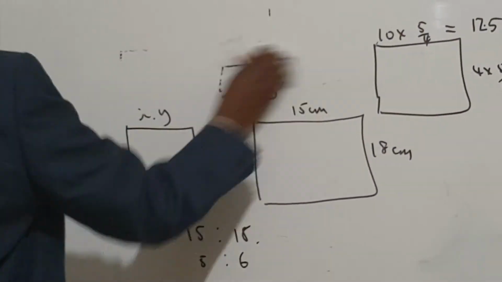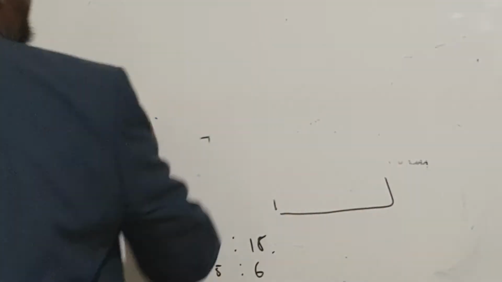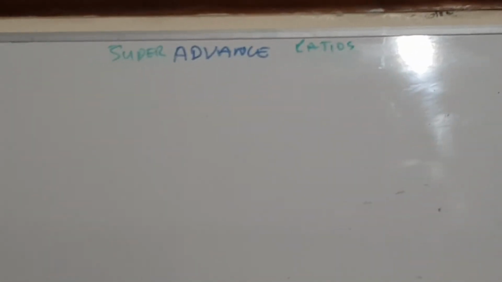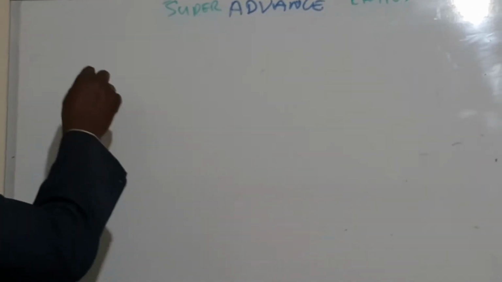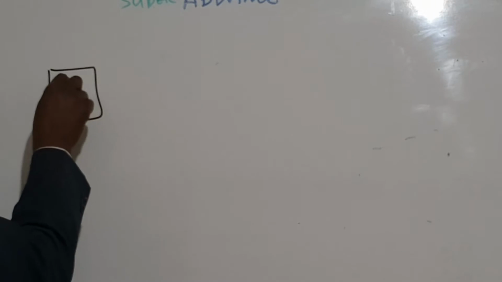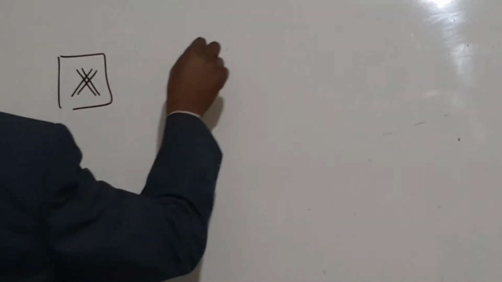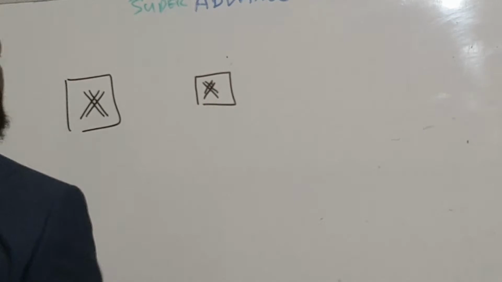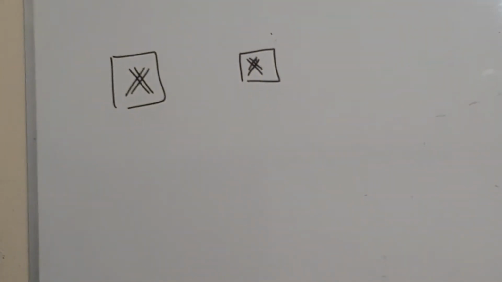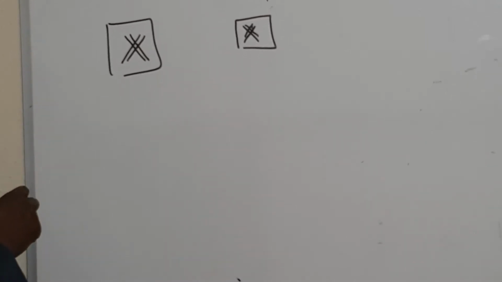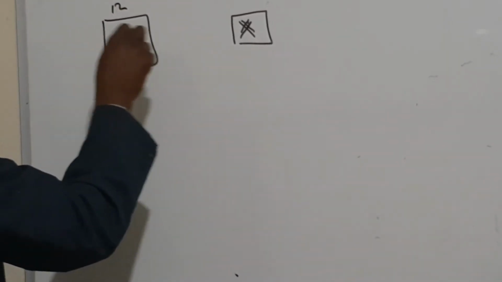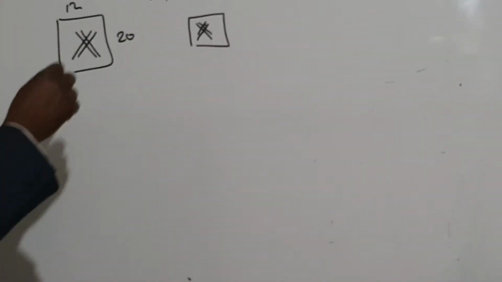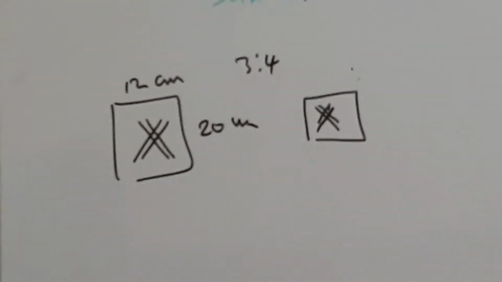What we did was increasing it, and this one is decreasing. Let's say it's a photograph like this, and it's made smaller.